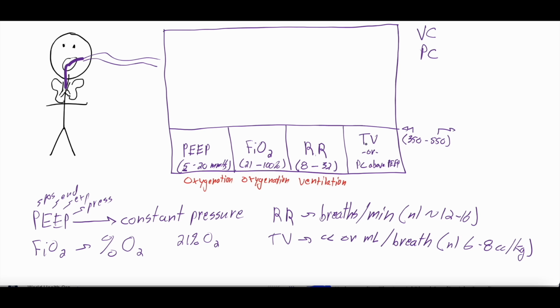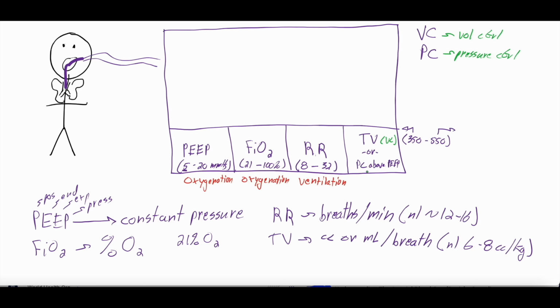And you set the tidal volume only when you're in volume control. And we've talked about this a number of times. So the two main modes of ventilation are volume control and pressure control. In volume control, you're setting a tidal volume.